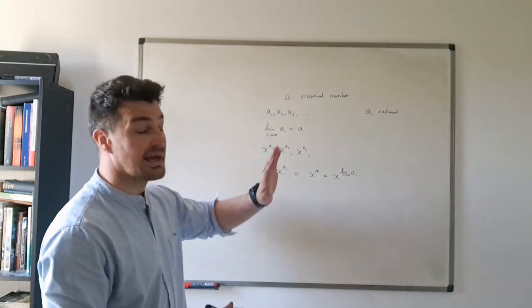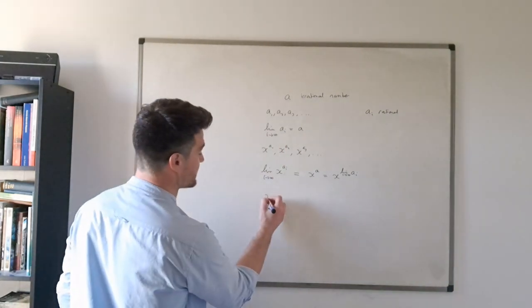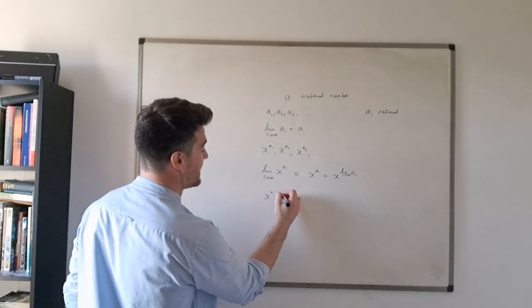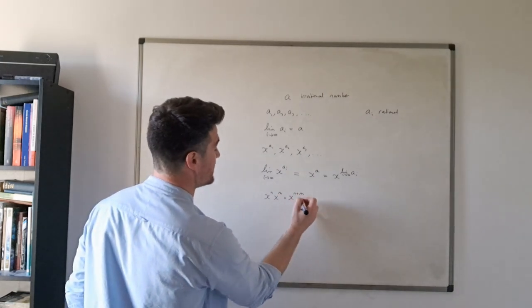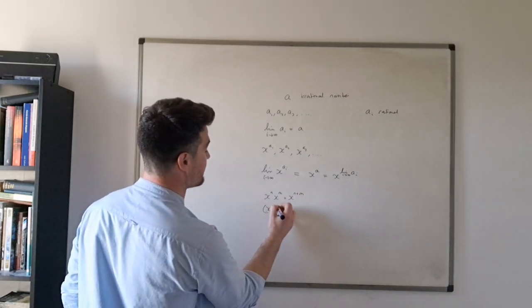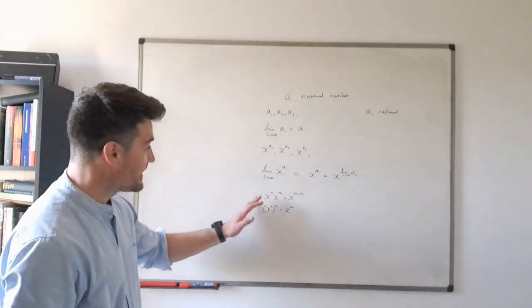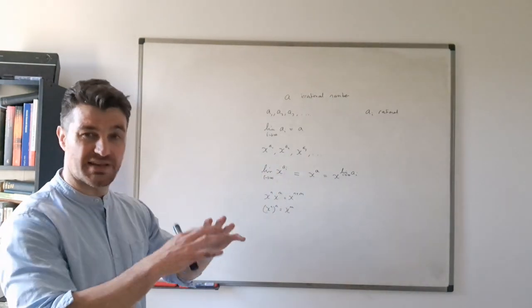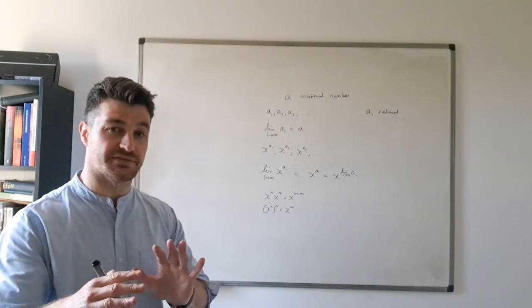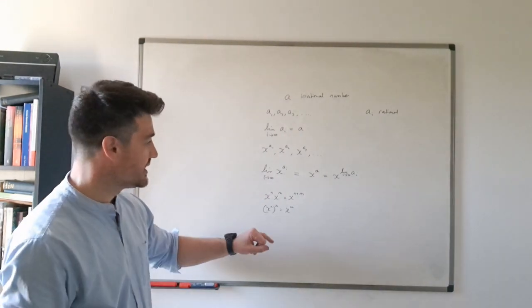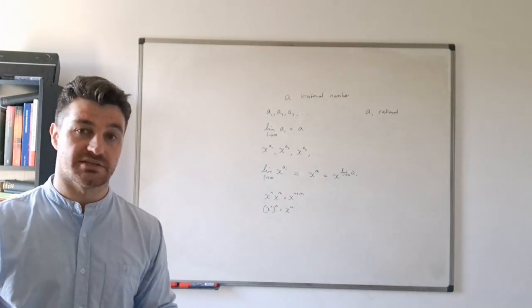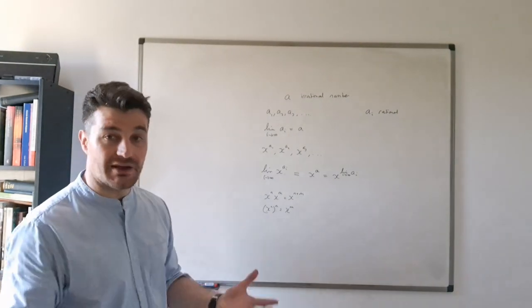And that's it. And I can verify that all of the rules, x to the power of n times x to the power of m is equal to x to the power of n plus m, and x to the power of n to the power of m is equal to x to the power of nm, and so on and so forth, hold true in this case. It does mean that I've got to use some other properties of sequences and limits of sequences, but it all falls into place, right? So then we have it.